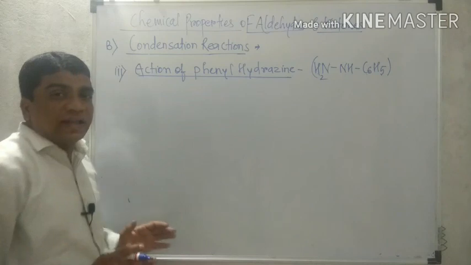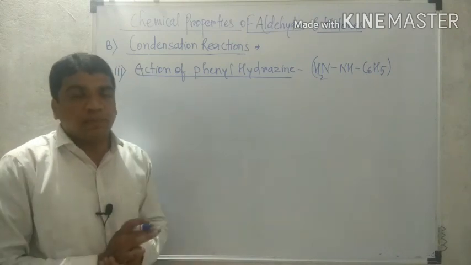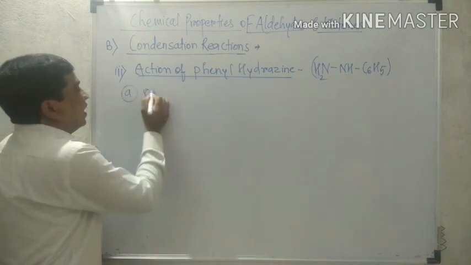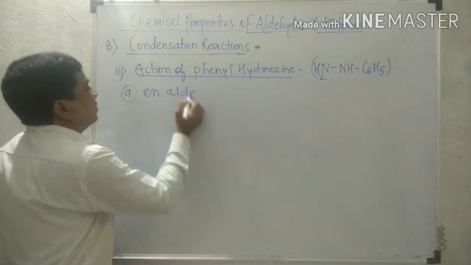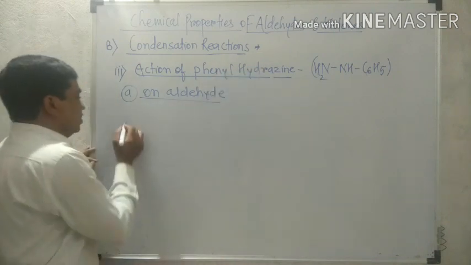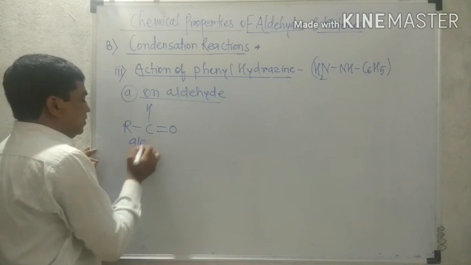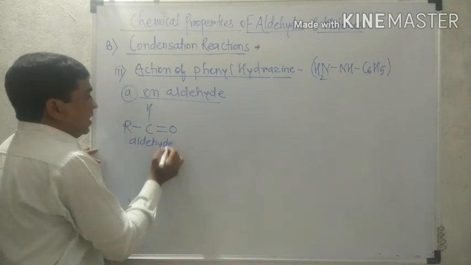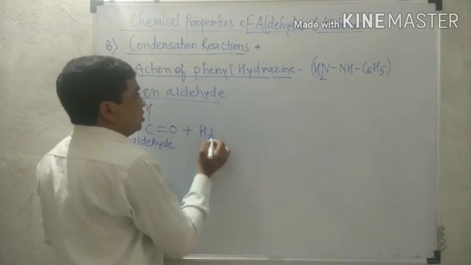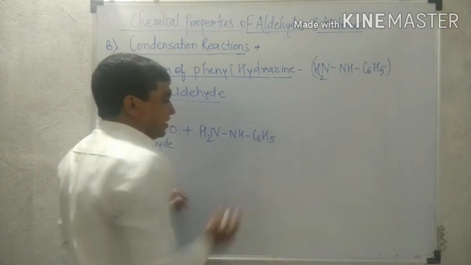This is also a condensation reaction. Phenylhydrazine reacts with both aldehyde as well as ketone, similar to the previous reaction. First of all, we discuss the action on aldehyde. What happens when aldehyde reacts with phenylhydrazine? Aldehyde has the formula RCHO, reacted with NH2NHC6H5.